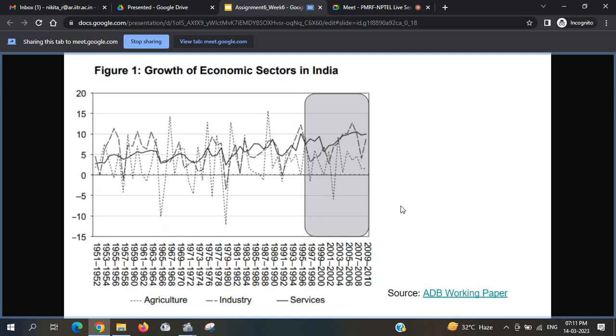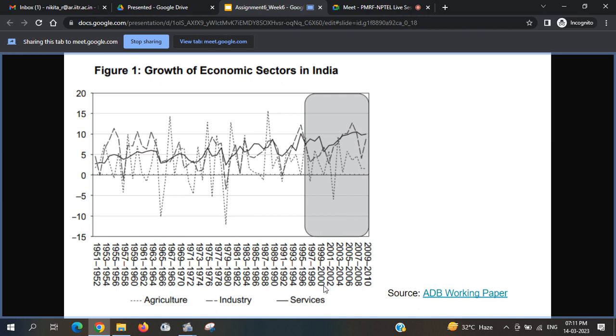You can even see the growth of different economic sectors throughout different years, not decade-wise, but annually in this figure.